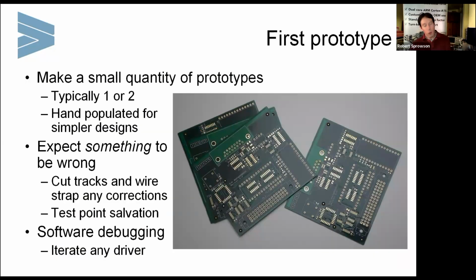A week or two later, a corresponding PCB comes back from the board house that matches the design that you sent them. Normally for a first prototype I would hand populate the first couple. It's not really worth setting up a production run just to make a couple of them. There's almost certainly going to be some kind of mistake. I don't think I've ever made a circuit board that has been right first time, lucky.